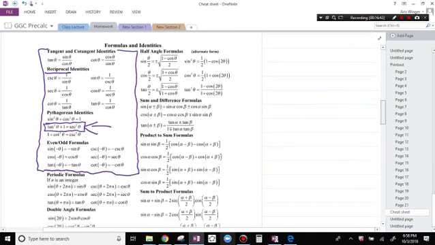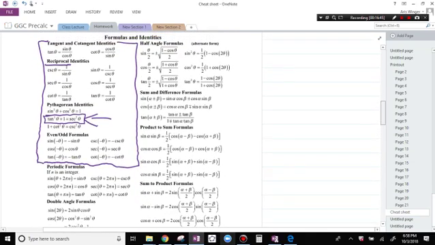1 minus cosine squared. Was there a cosine squared anywhere here? With a sine squared right here, right? What's 1 minus cosine squared? It's sine squared. If sine squared plus cosine squared is 1, then 1 minus cosine squared is sine squared.